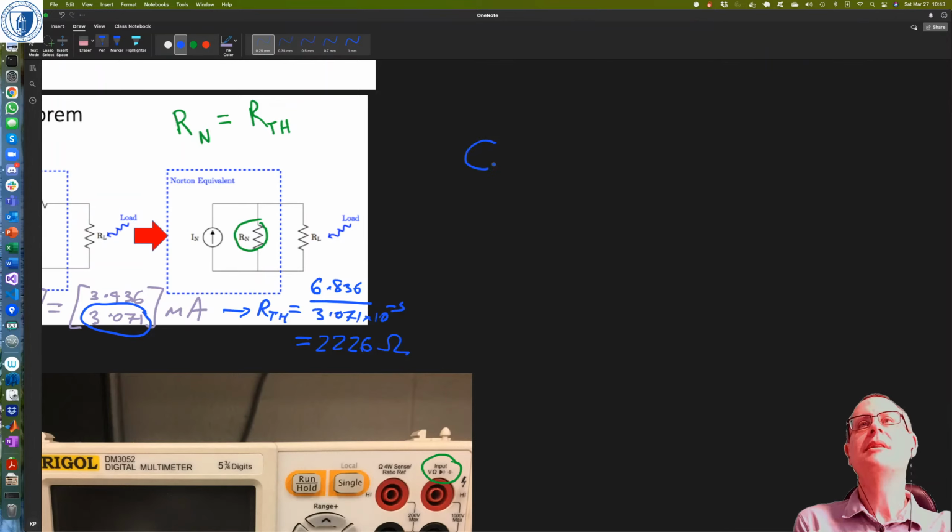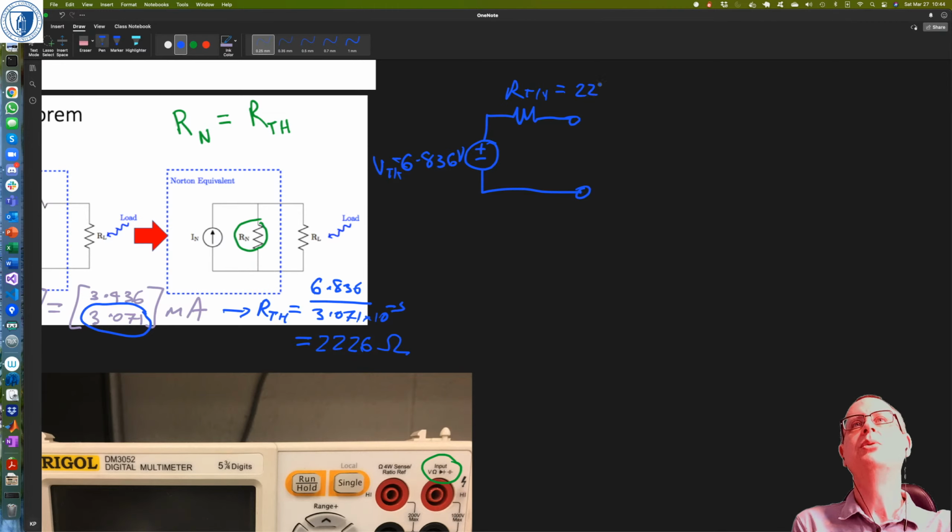The Thevenin equivalent is like this, right? And we know that the voltage is 6.836 volts, and that's VTH. And we know that RTH is equal to 2226 ohms.